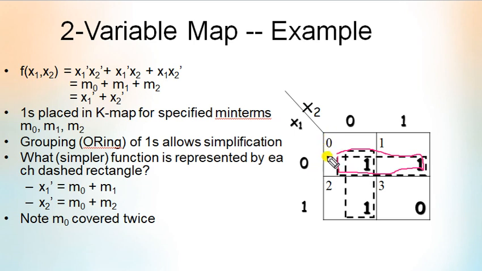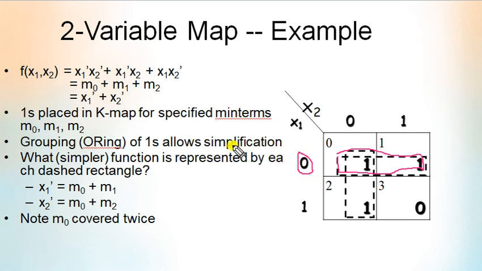When we consider this group, the value of x2 is changing. The value of x2 has two values, 0 and 1, and the value of x1 is stable.